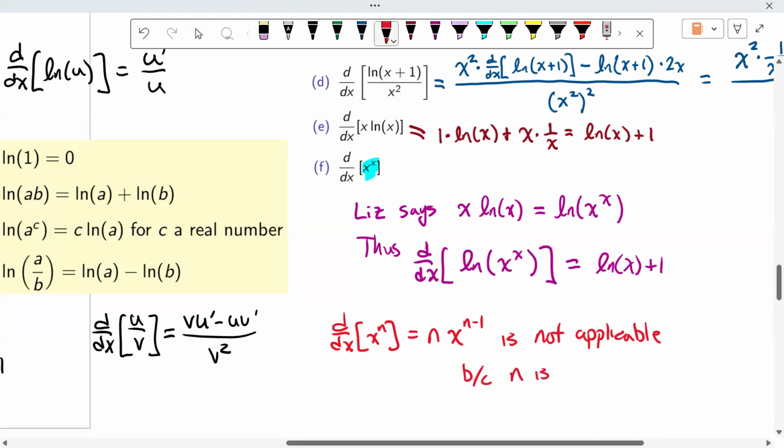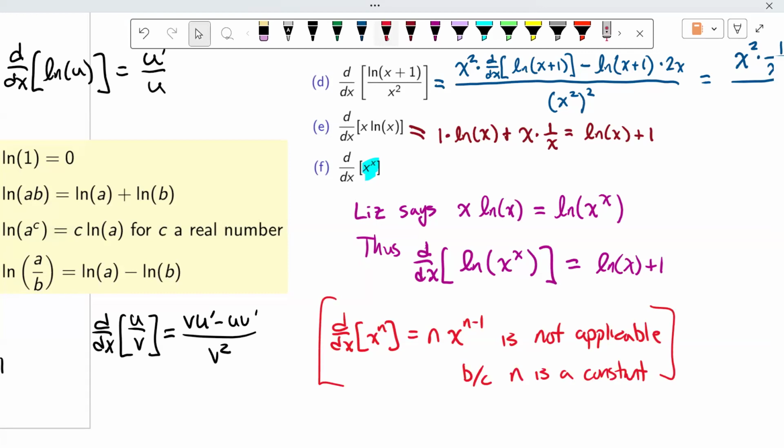And if we have x to the x, the problem is, well, x is not a constant. And so we can't do part F using this very basic rule. Wouldn't that be nice? But it doesn't work.